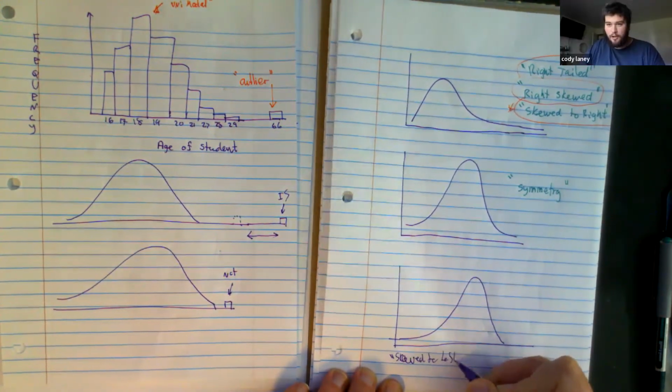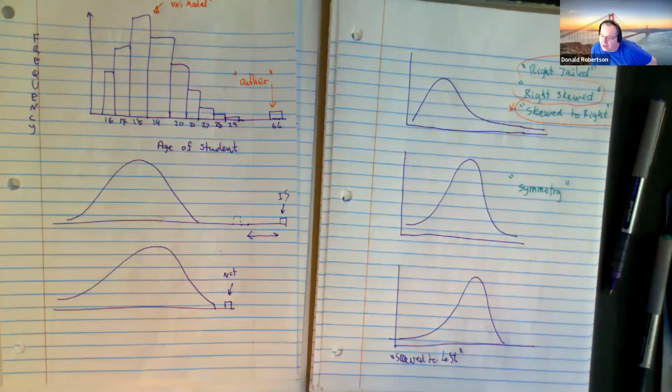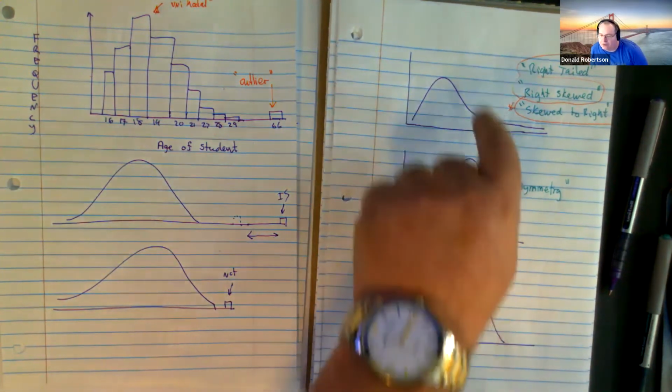Can a bimodal be skewed? No. You might argue that it's skewed, but we don't call it skewed. You might just say it tails off to the right rather than say skewed. What I'm talking about right now are only for unimodal.